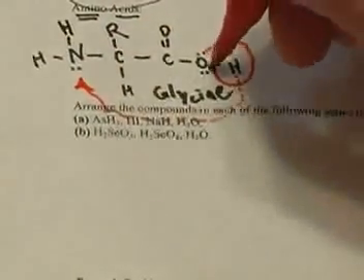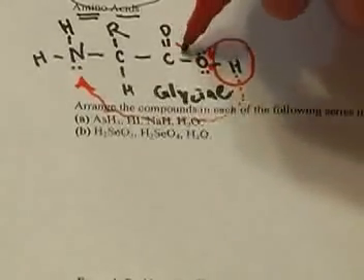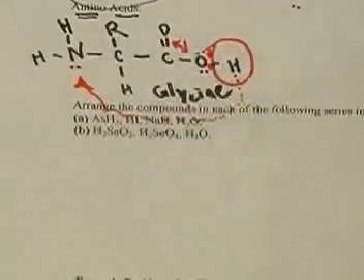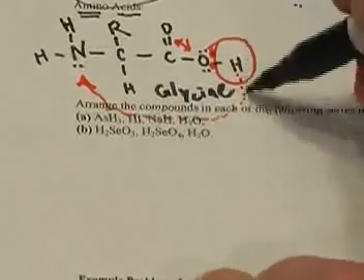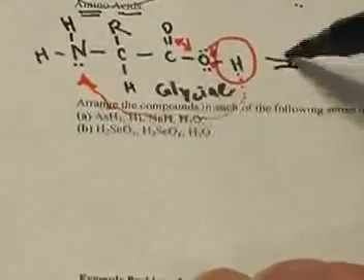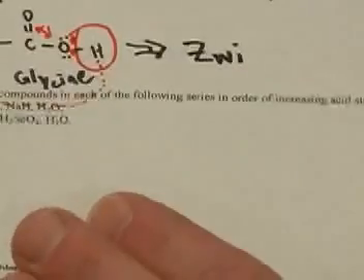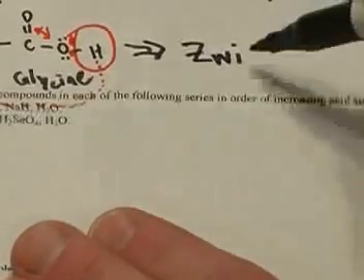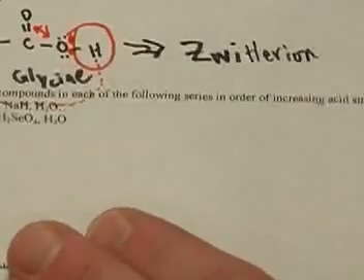And then we could end up having the unshared pair of electrons right here and the resonance between this double bond right here. That actually happens. When they swap hydrogens with themselves, they form a special ion called a zwitterion.